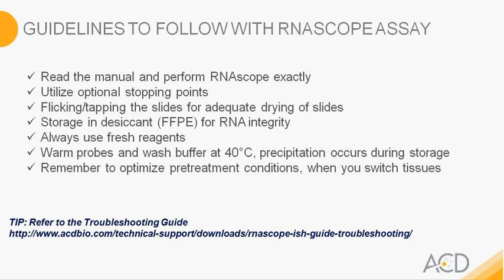Also, as highlighted previously, warm probes and wash buffer at 40 degrees since precipitation would occur during storage. Please remember to optimize pretreatment conditions, especially when you're changing between tissues. The pretreatment conditions for one tissue and sample will not apply for all tissues. Review all our tools and manuals that are available for you for this particular optimization issue.